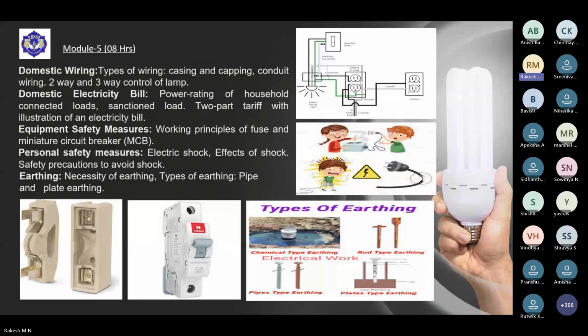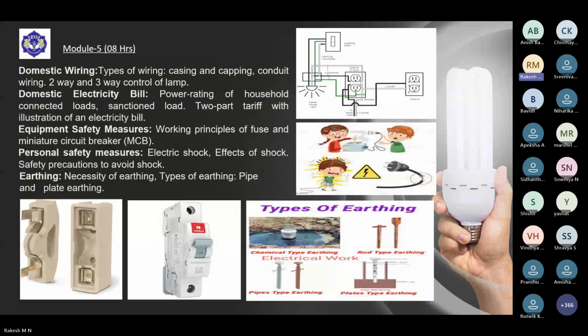So this is about the subject, Introduction to Electrical Engineering. As with any prescribed subject, this has five modules. And as I was telling about the credit and assessment things, it is the same which is followed for all the subjects.